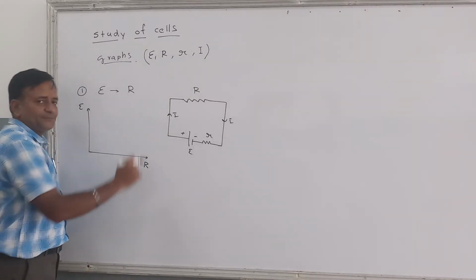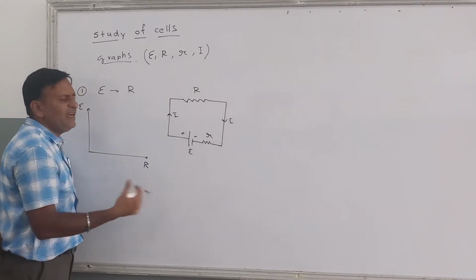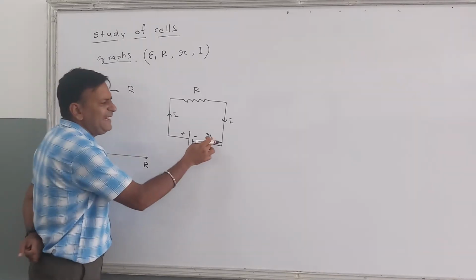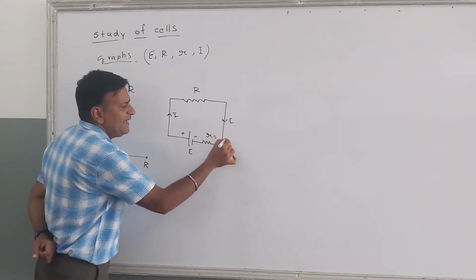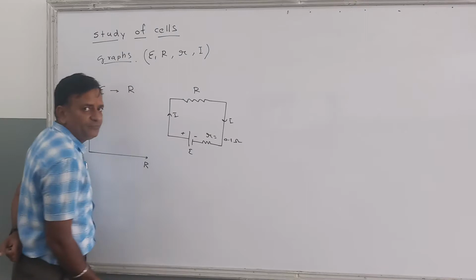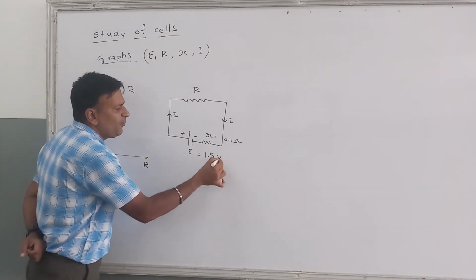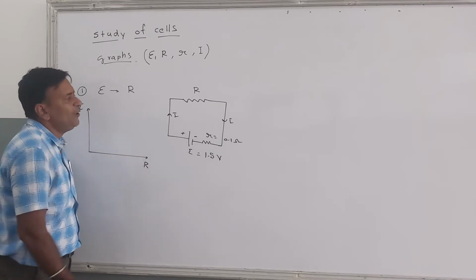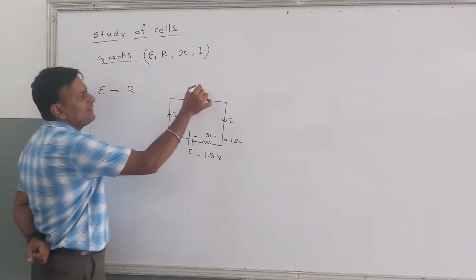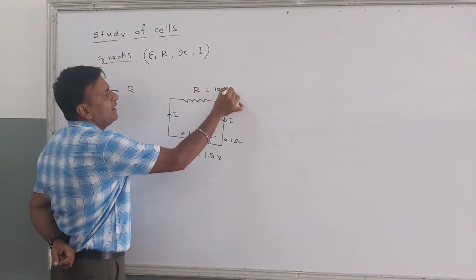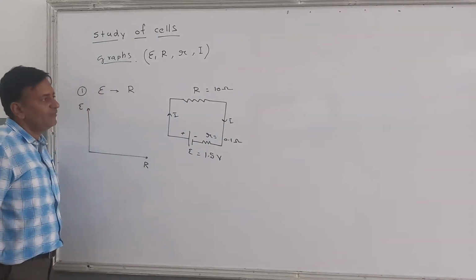Now you can assume different values. Suppose the internal resistance is 0.1 ohm. The EMF of the cell, you can take as 1.5 volt or any value. External resistance, let it be 10 ohms.